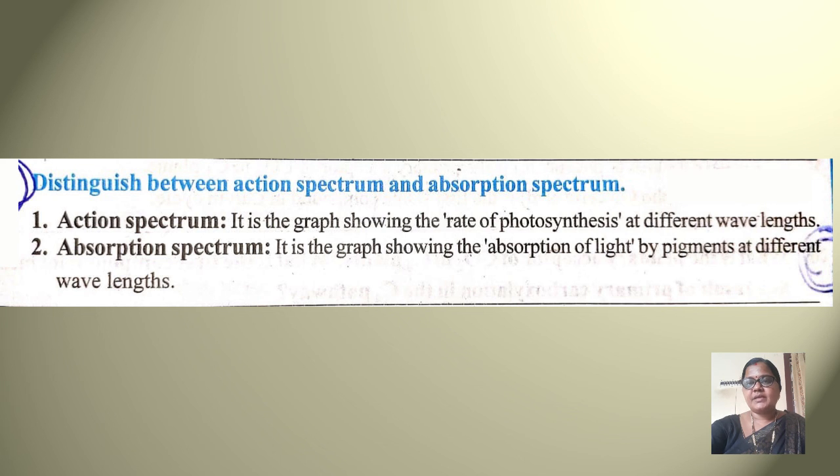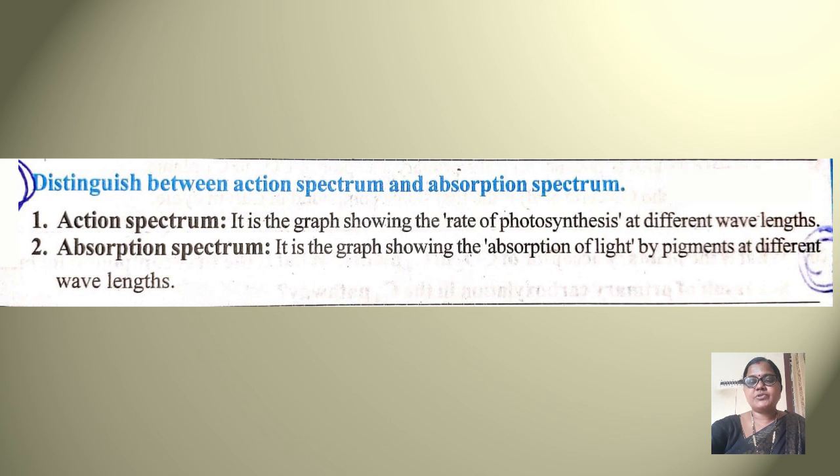Absorption spectrum is the graph showing the absorption of light by pigments at different wavelengths.